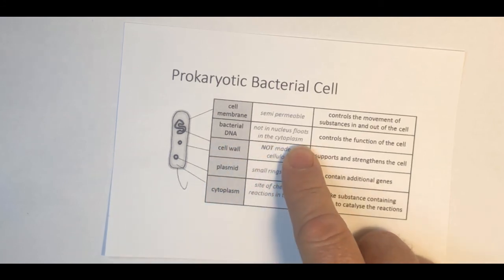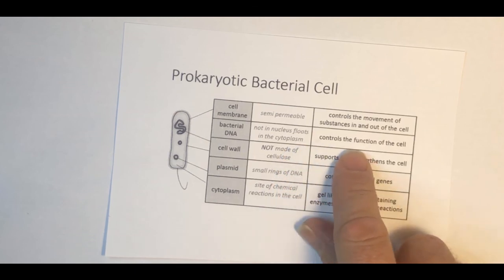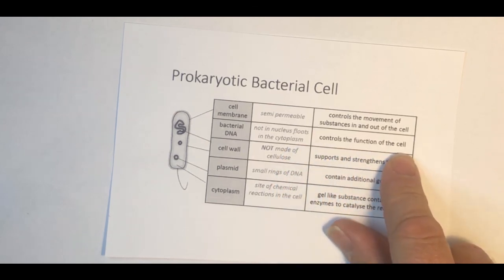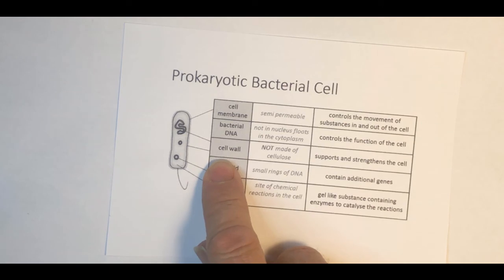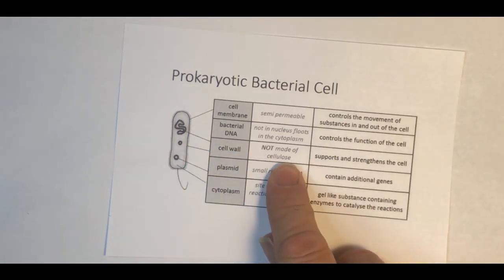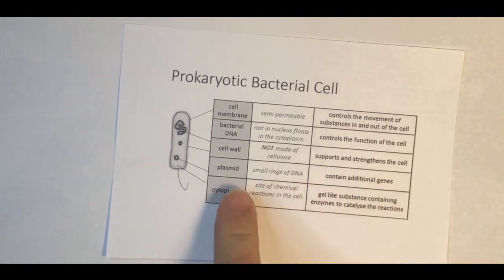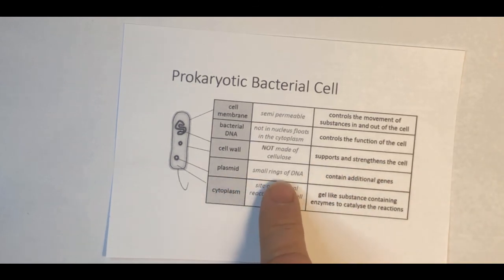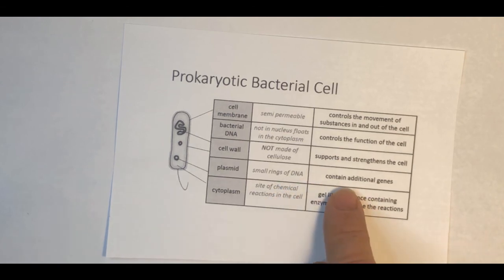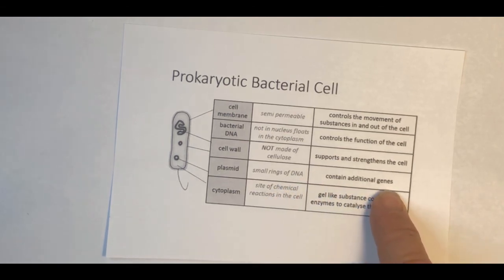It is not in a nucleus, it basically floats in the cytoplasm, and its role is to control the function of the cell. The cell wall around the outside, this time, is not made of cellulose, and it supports and strengthens the cell. Plasmids are small rings of DNA, and they contain additional genes.